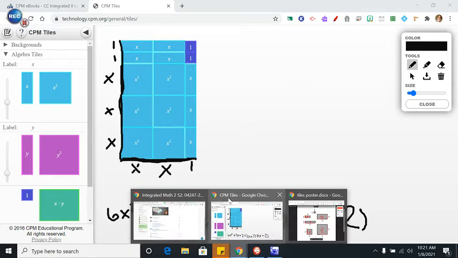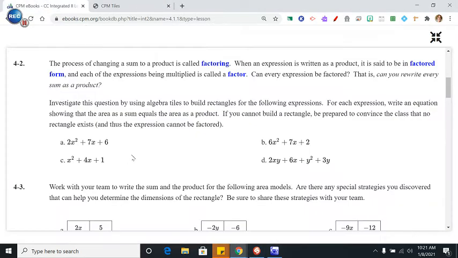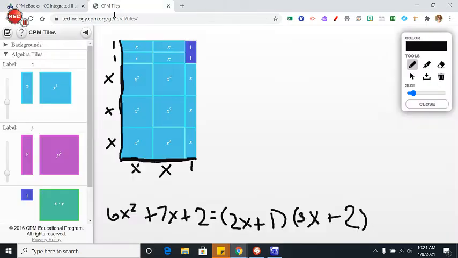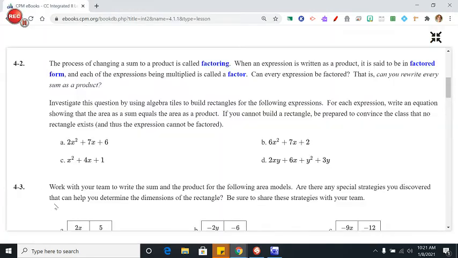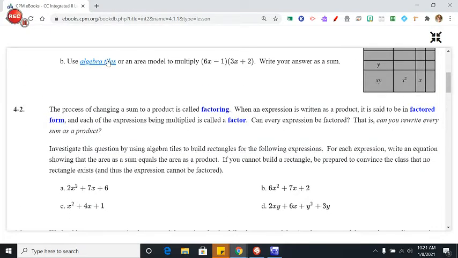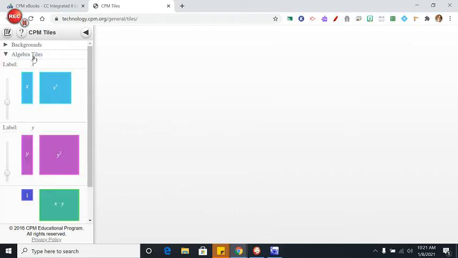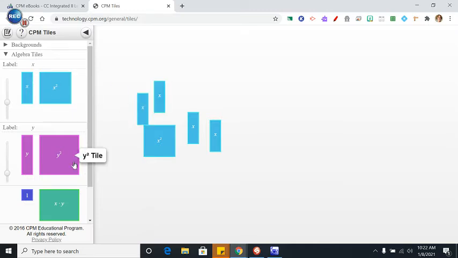Okay, and then we looked at these other questions, x squared plus 4x plus 1. If we try to build that with tiles, I'm going to get x squared, and I'm going to get 4x tiles, and I'm going to get 1 unit tile.